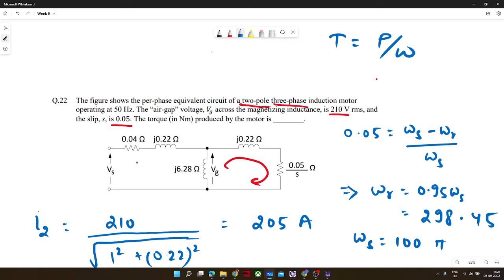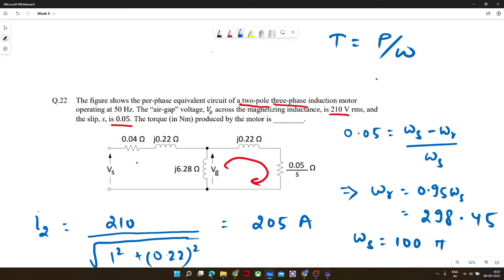But here in the induction machine, we have an issue. Which power, which speed, either synchronous speed or rotor speed? Which power: shaft power, air gap power, mechanical power? Here it is not mentioned explicitly which torque to calculate.